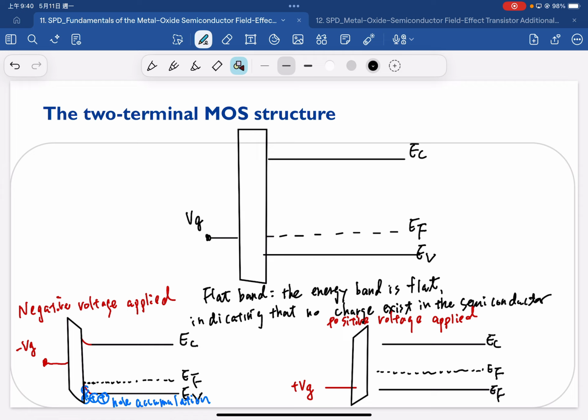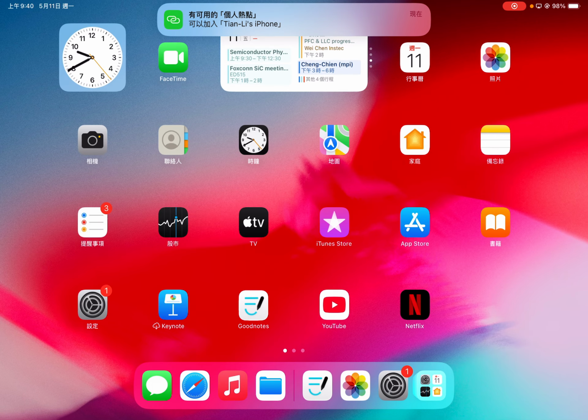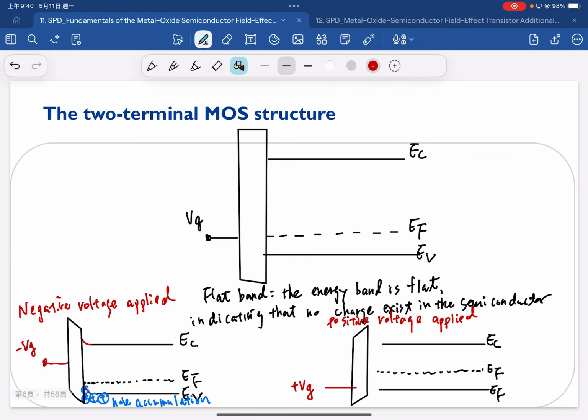In this case, at the surface we can foresee the downward bending as well. And this downward bending also suggests that our Fermi energy here is getting close to our conduction band.